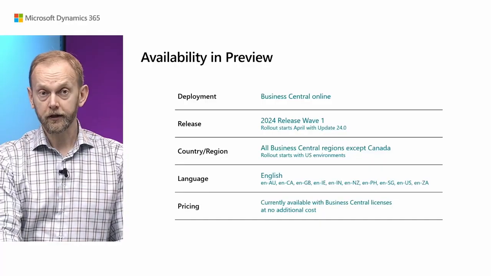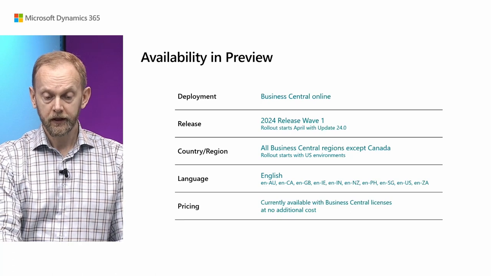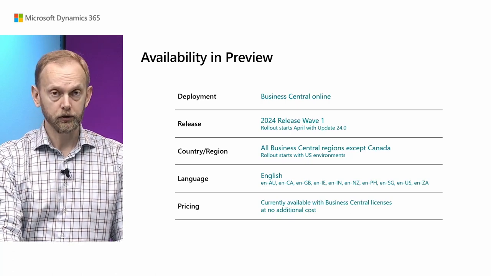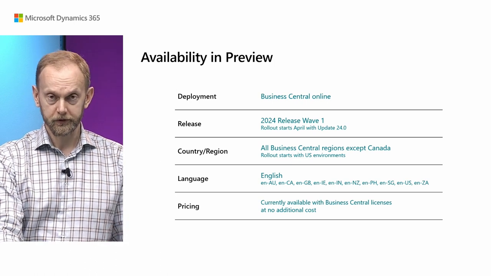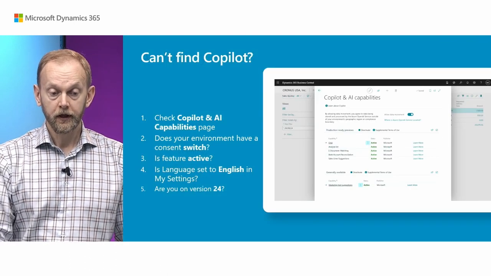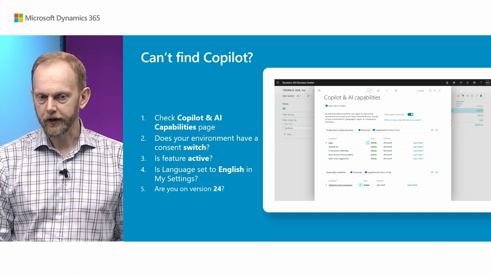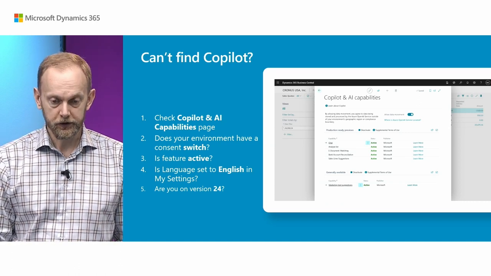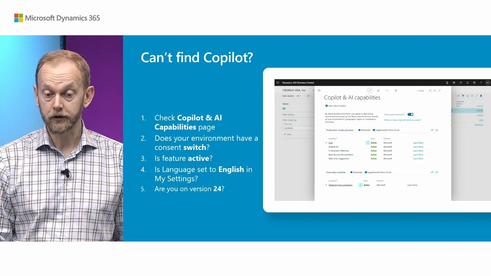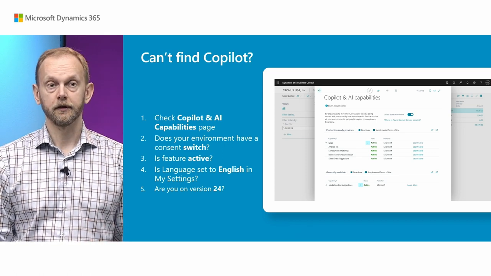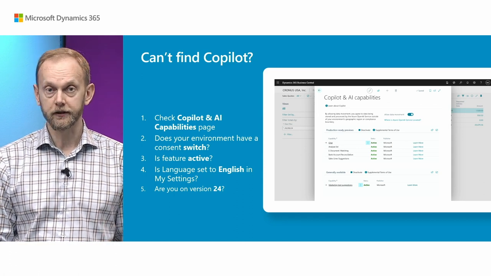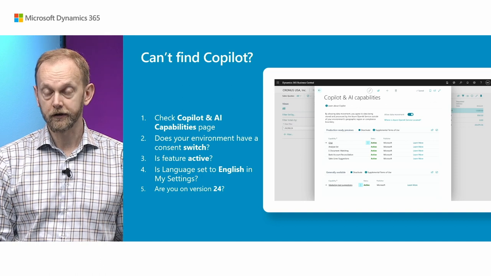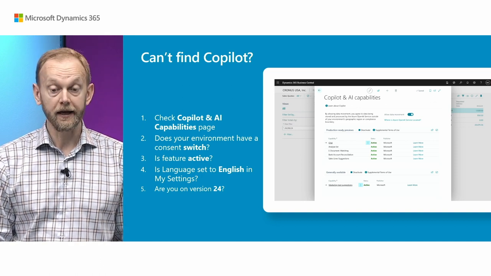Also, I would like to highlight that this capability currently is at no additional cost. If you have a Business Central license, you can use Copilot capabilities in the product. What if you cannot find it? The starting point is please find the Copilot and AI capabilities page, where you can see this sales line suggestion capability in the preview section together with the other features which are available, and make sure that it is active.